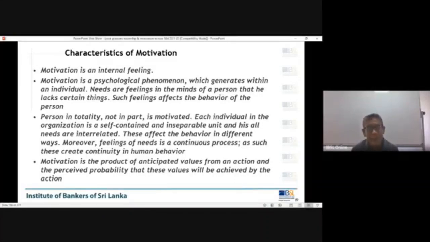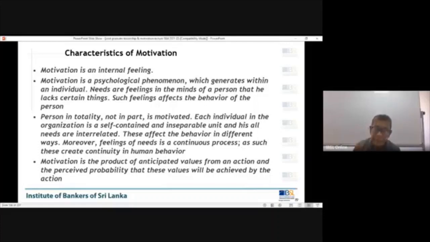So there are different people. Because each is an individual with internal feelings, they behave in different ways. Therefore, we need to manage them to behave in a similar way. Those are some of the characteristics of motivation.